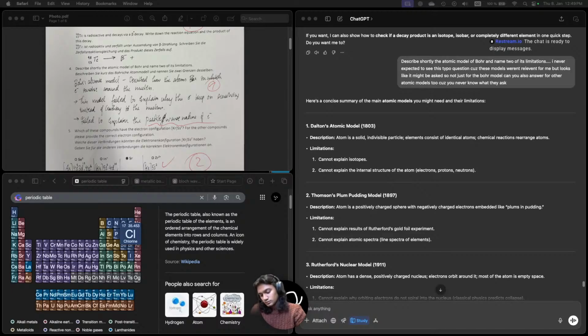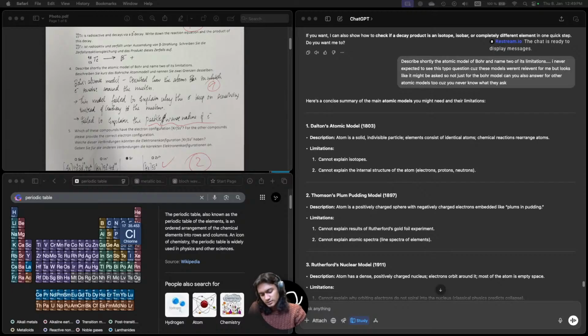Limitations. Cannot explain isotopes. That's the limitation? I don't think so. I think there are better limitations. Cannot explain the internal structure of an atom.